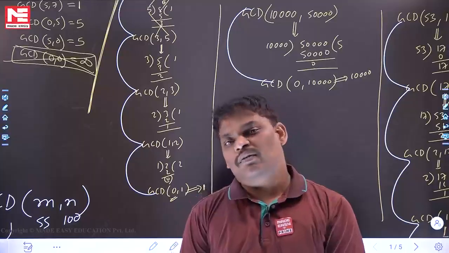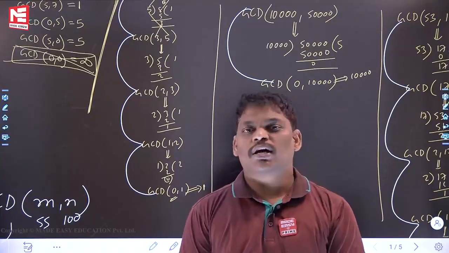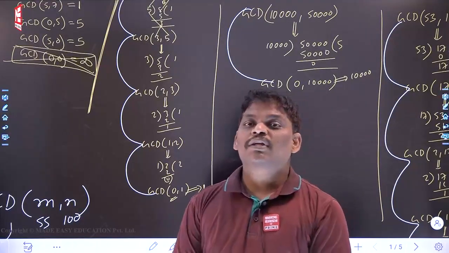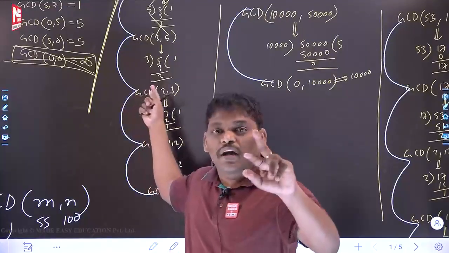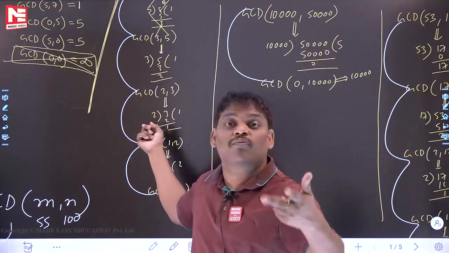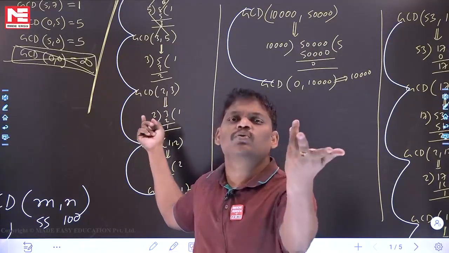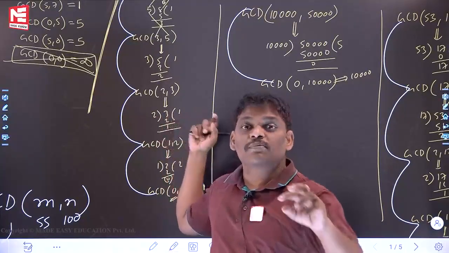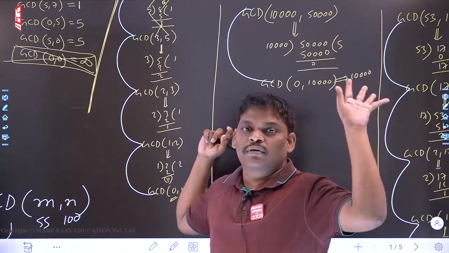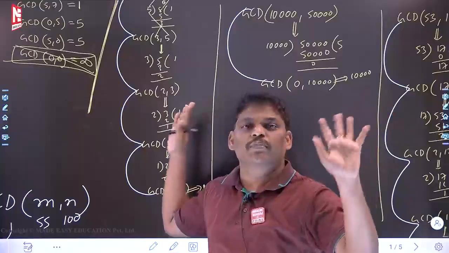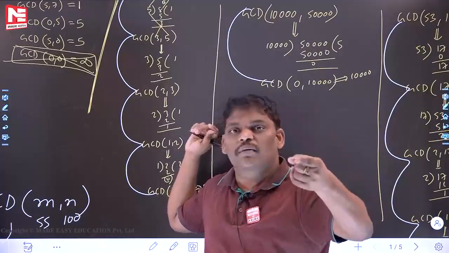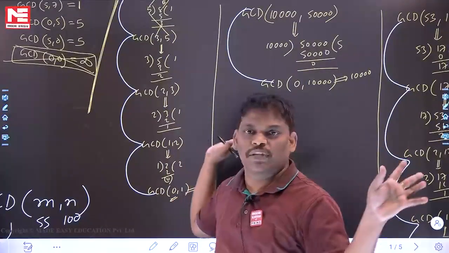Which base? Take whatever base you want, all differ by a small constant only. So, what is the answer for this one? Log 8 base 2. If log 8 base 2 gave 3, and some people are saying 5 came, then the answer is maybe 2 into log. That is the reason I am saying theta of log n means constant factor of log n. Please be careful. Why did log come? Always you are dividing. That is the reason.